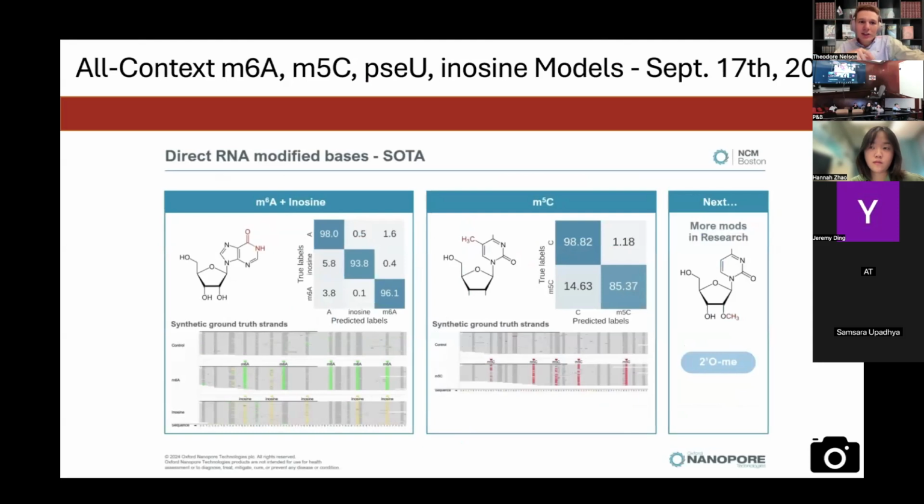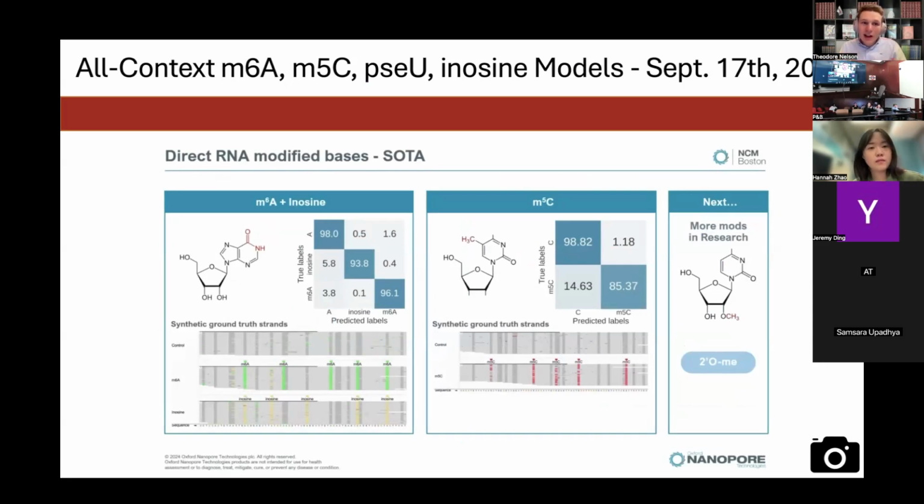If you were to take 10,000 m6A molecules, that still means that 4% of those are going to be miscalled in some way. They're not called as m6A, they're called something different. There's going to be some sort of misnomer.